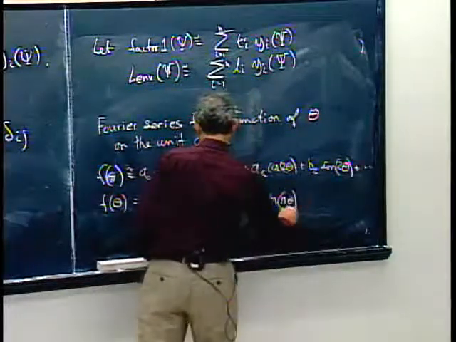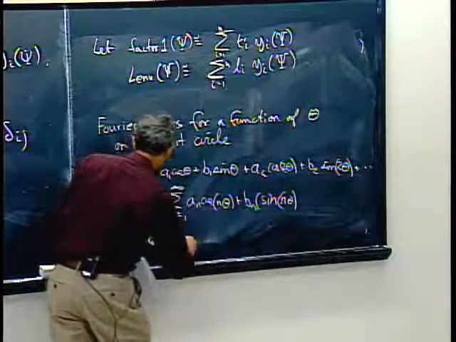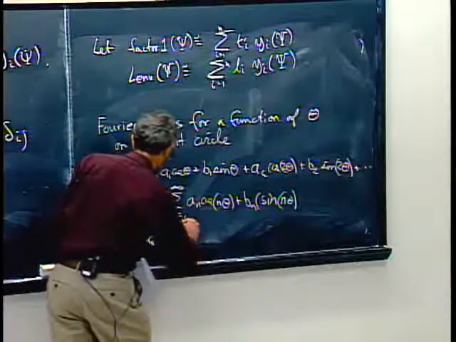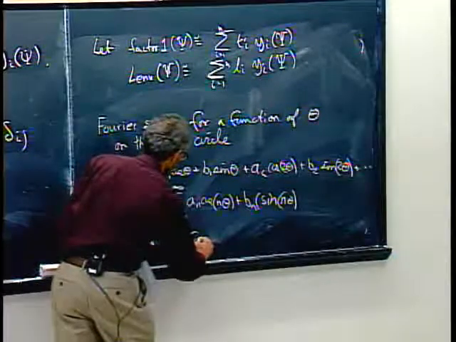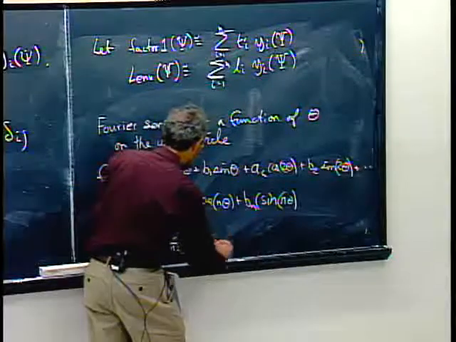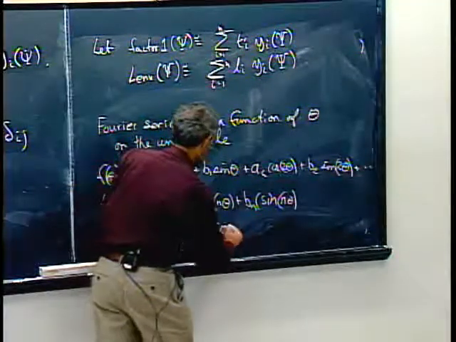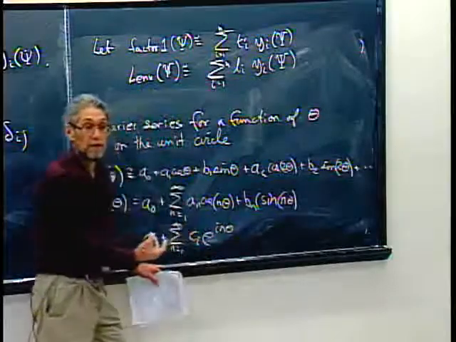And another way of writing it is A0 plus the sum n equals 1 to infinity of some complex constant, which has got real part here and imaginary part here, times e to the i n theta. Does this look familiar too?